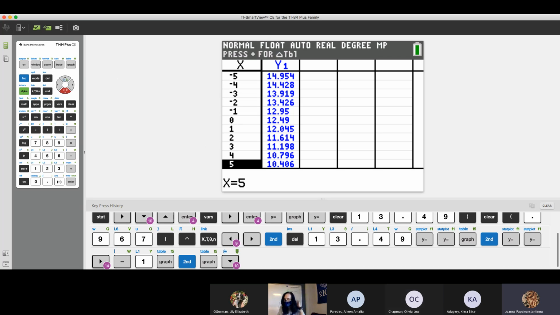Now, if you go to the next page in your notes, the next page in your notes asks you to graph. So let's talk about the transformations that we would see if we were to graph. So let me go to Desmos.